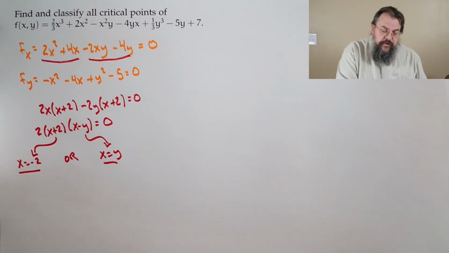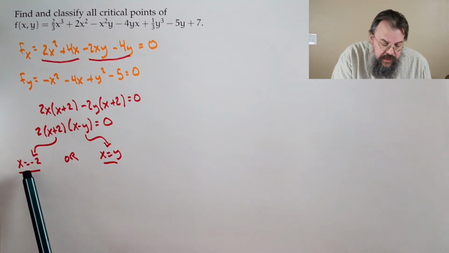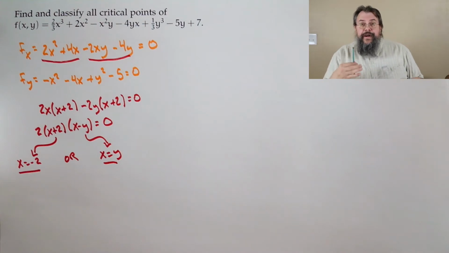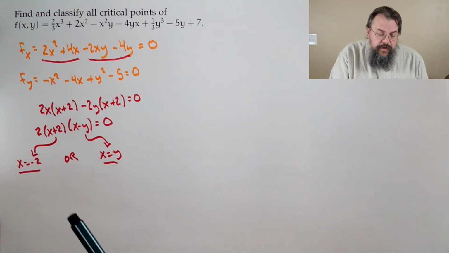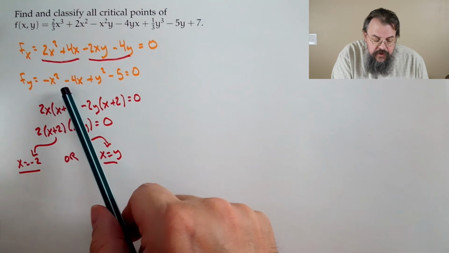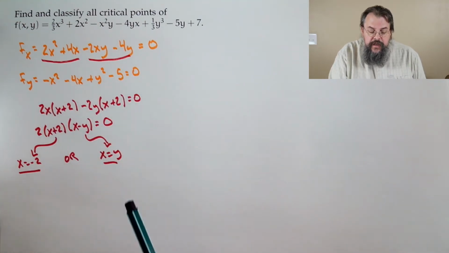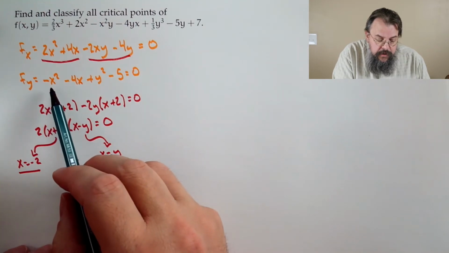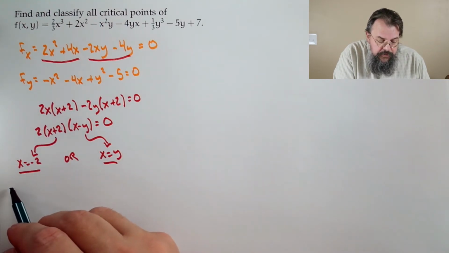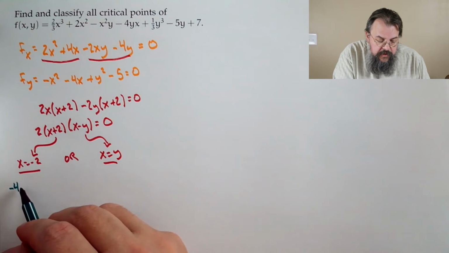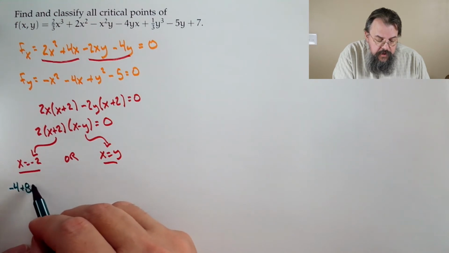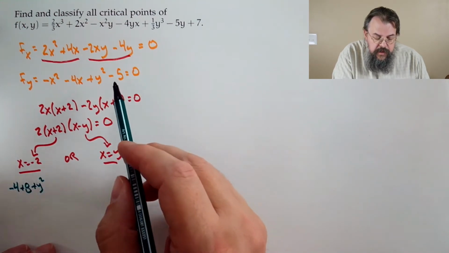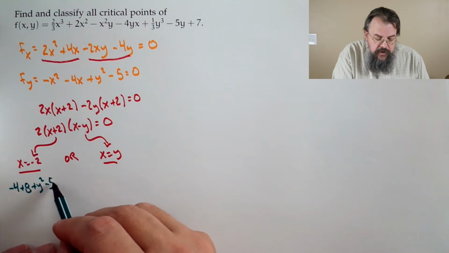So let's explore the possibility x equals negative 2. What do we mean by explore the possibility? Well, that means we'll plug in negative 2 into f sub y, and see what we get. We're going to get minus 4 plus 8 plus y squared minus 5 equals 0.